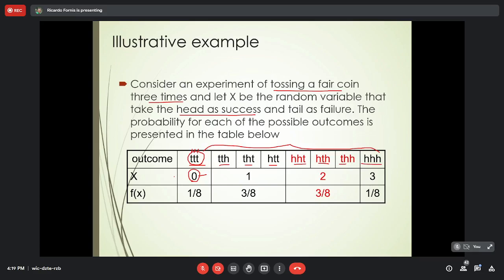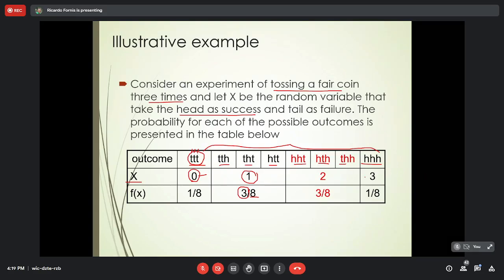So of the 8 outcomes, there's here only 1 outcome that gives us 0 head, 0 success. If we would say the value of x, where x represents the number of heads, is 1, then there are 3 outcomes. And these outcomes are the tail, tail, head, the tail, head, tail, or the head, tail, tail. So, in total, there are 3 favorable outcomes out of 8. Therefore, the probability is 3/8.